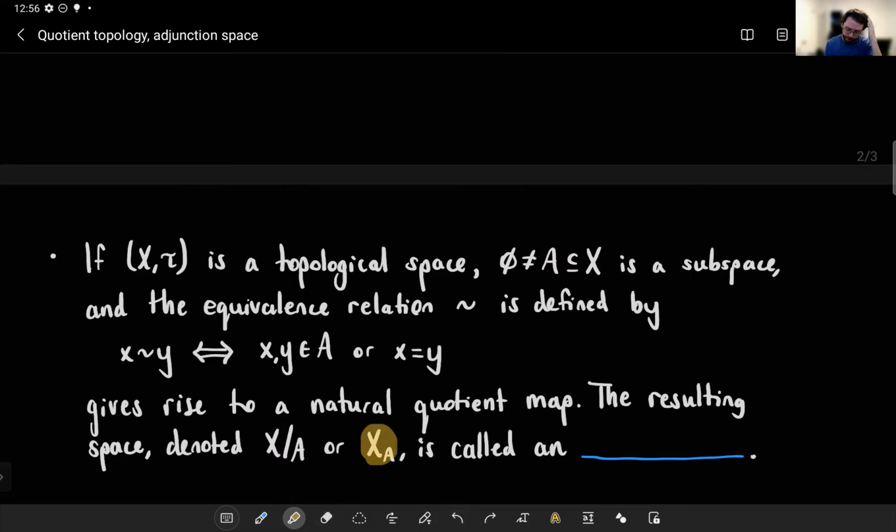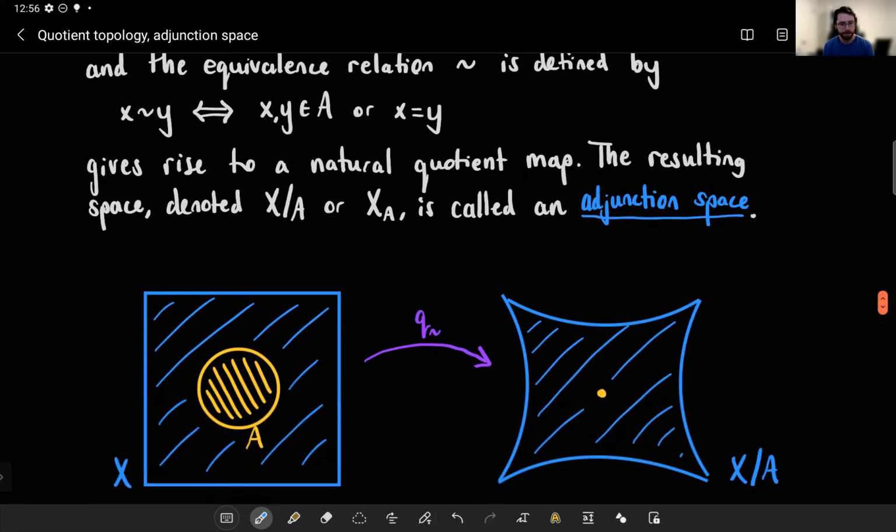Sometimes it's also written X over A. And depending on what terminology you use, sometimes people call this an adjunction space. Sometimes that means a slightly different thing. Anyway, it doesn't matter what you call it, the picture is this.